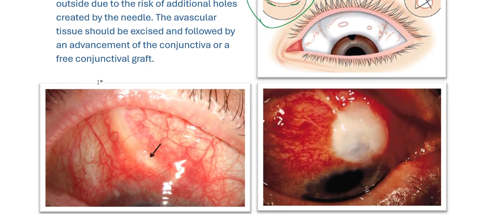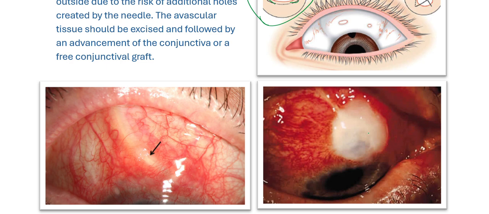But if the buttonhole is in a very thin bleb and avascular bleb, this can't be sutured. Otherwise, the entry site of the needle will cause more holes.